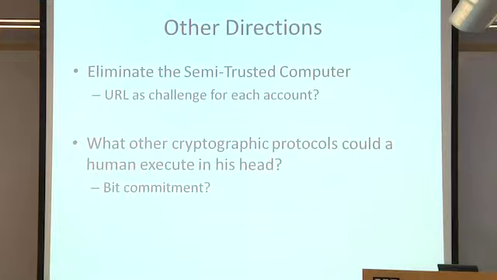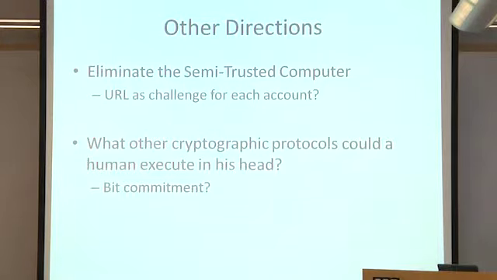Another nice question is, what cryptographic protocols could a human execute in his head? For example, could we develop secure bit commitment schemes that are secure even if you don't have access to a trusted computer, even if the adversary can observe all your interactions?